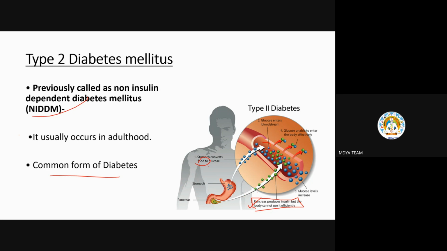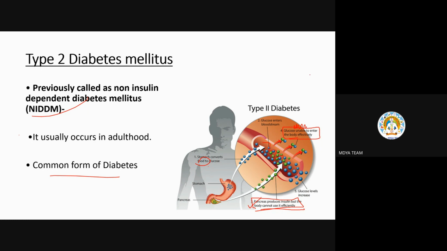Insulin will be released by which cells of the pancreas? Beta cells. Yes, by the beta cells of the pancreas, insulin is released. But still, insulin is there, glucose is there, both are there. Still, our body cannot use it efficiently. What happens? Glucose is unable to enter the body tissues, or the cells, effectively. Glucose level increases because these GLUT4 or insulin receptors are not working properly.